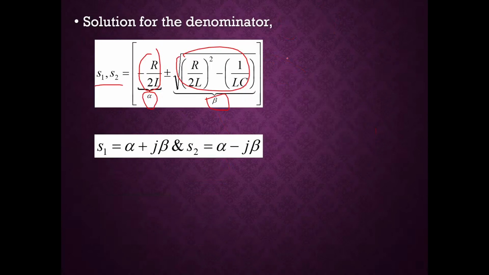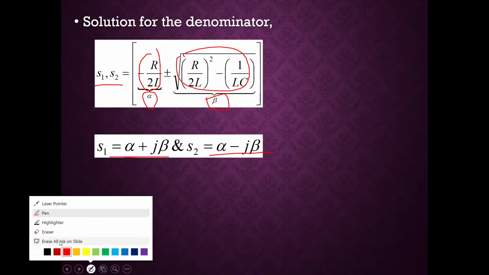So since they are complex conjugates, you can write S1 as alpha plus j beta, S2 as alpha minus j beta. Since the roots are complex conjugates, I have written the roots here. So you must know how to determine the roots.